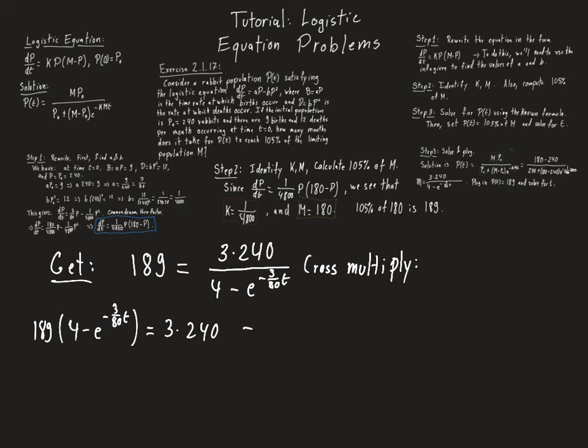Now, if we actually divide both sides by 9, we're going to get this is 21 times 4 minus e to the negative 3 over 80. This is dividing by 9.